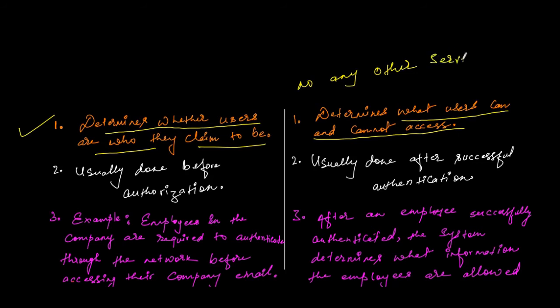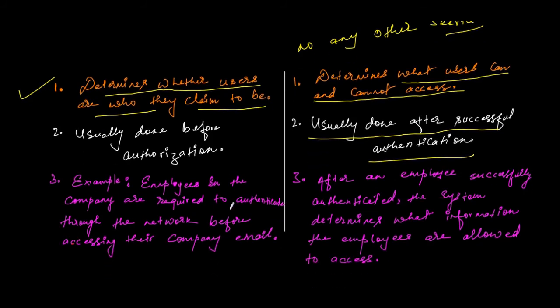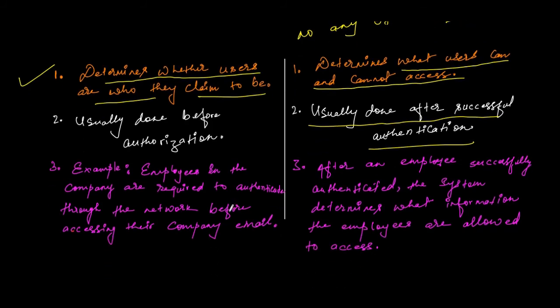And the second point is that usually authentication is done before authorization, and authorization is usually done after successful authentication. And in authorization, we generally determine what users can and cannot access. I have taken a very small example.